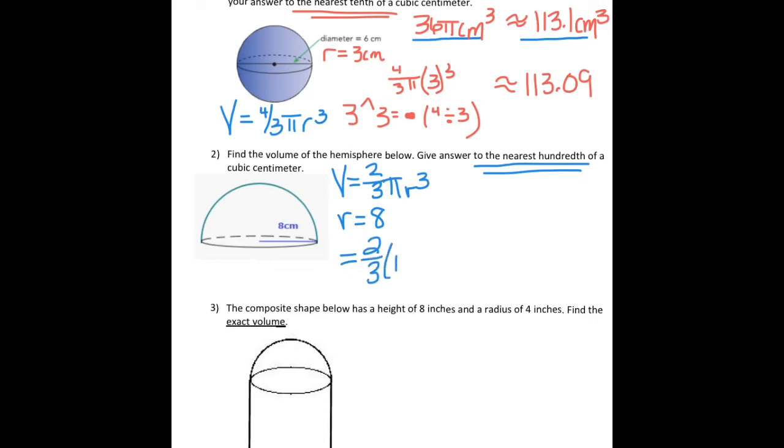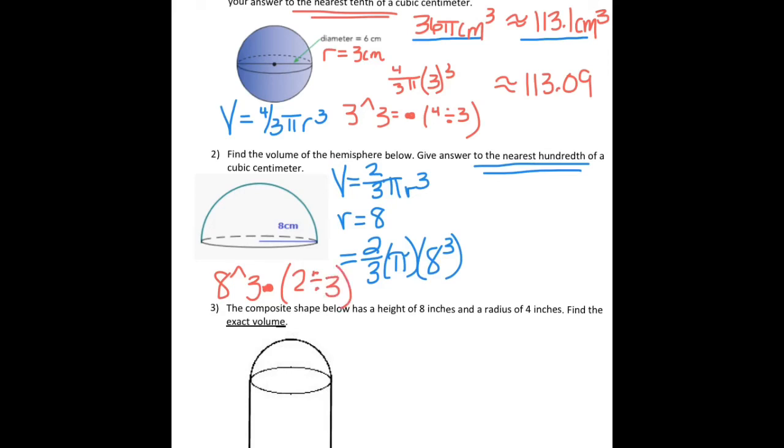So 2/3 times pi times 8 cubed. I'm going to write over here what numbers I'm pushing on my calculator. 8 caret function 3. That's 8 to the 3rd power times parenthesis 2 divided by 3.